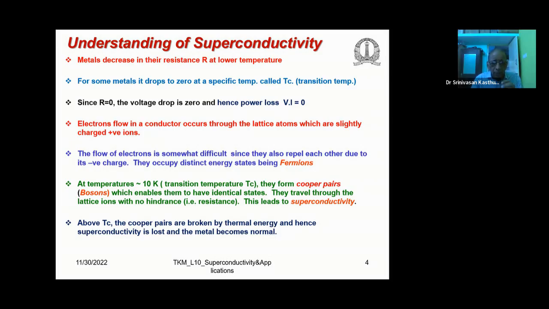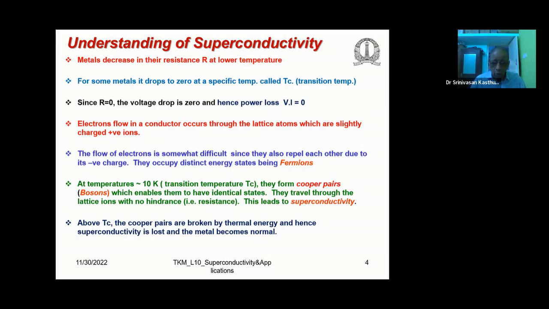The reason being, although the electron may try to flow through these materials, the electrons are all negatively charged, so each electron repels the other electrons, right? So they occupy distinct energy states, because they are what are called fermions, with a spin value of half. So they are called fermions.